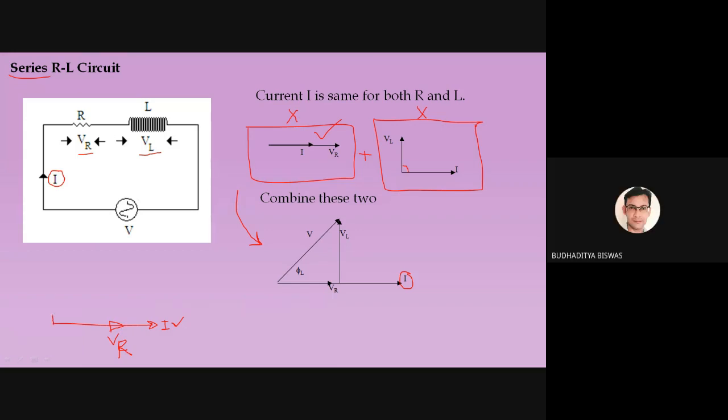Previously we drew it here, but now we want to draw it from here. I will explain why I need to draw it here. So this is equal to VL. You see, both are valid. This is equal to VR and I, so this expression is valid. This phasor diagram is valid for the pure resistance, and this is equal to I, and this is equal to VL. So this phasor diagram is also valid for a pure inductance.